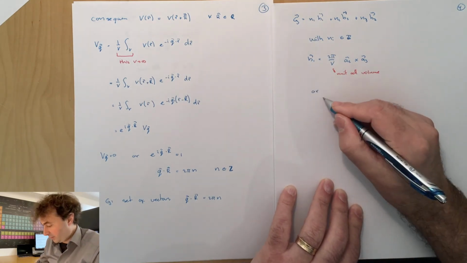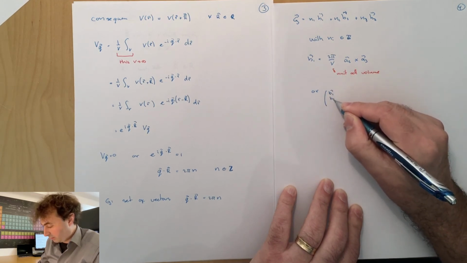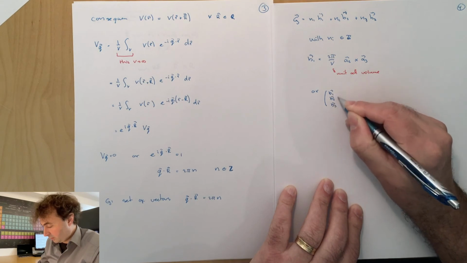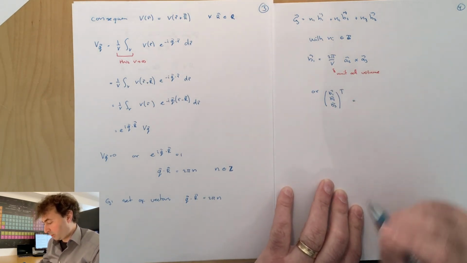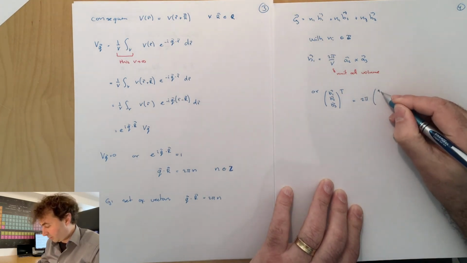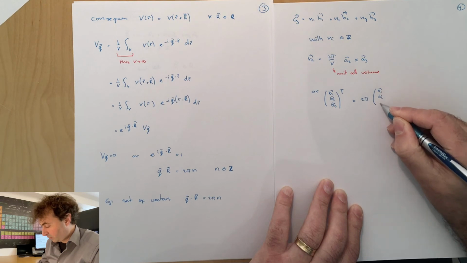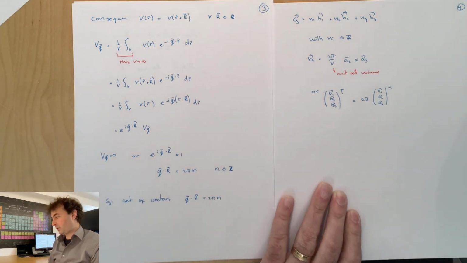Or, if you wish, you can also write this as a matrix that you generate from the 3 vectors, and the matrix of the reciprocal unit vectors transposed is 2 pi times the inverse of the matrix that you get from the real space lattice vectors.